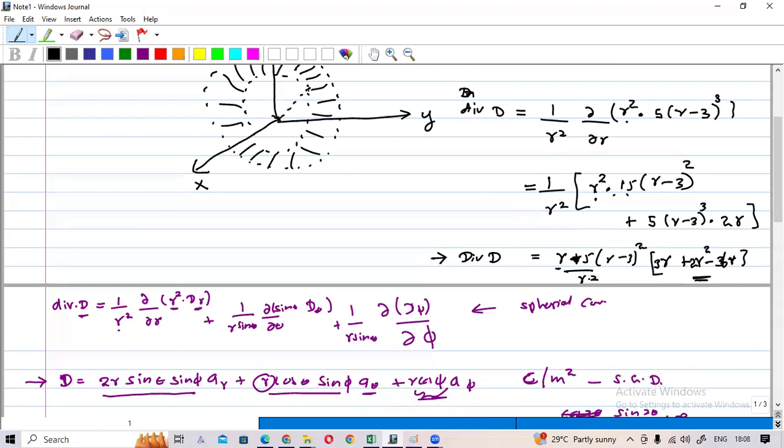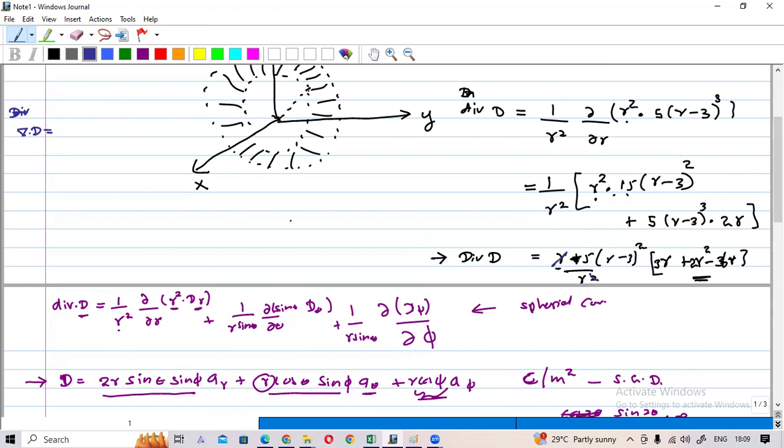I think this simplification is correct. So finally, I will write like this: du d is equal to r.